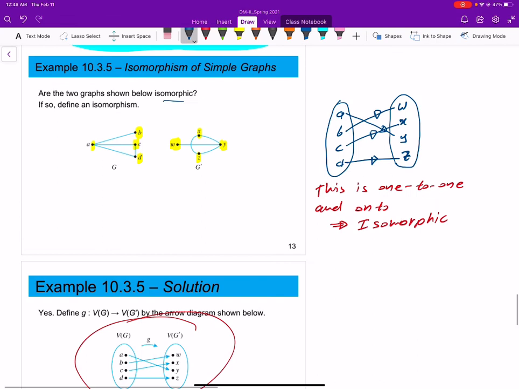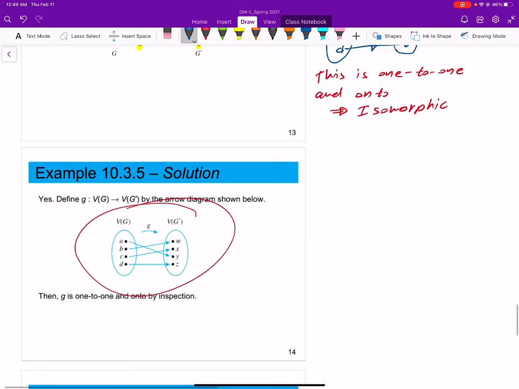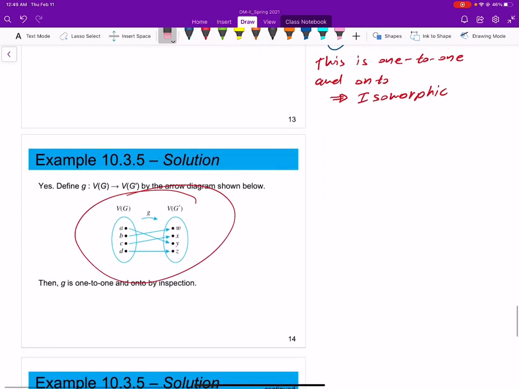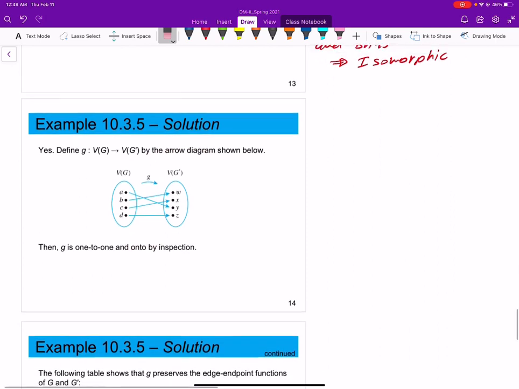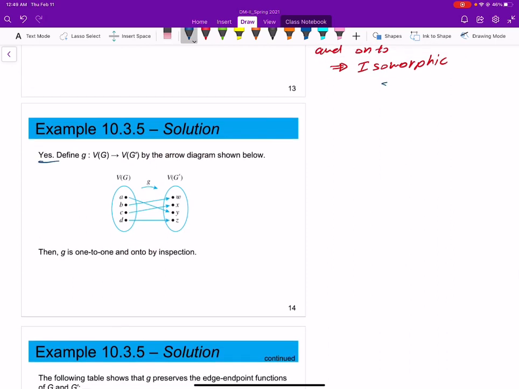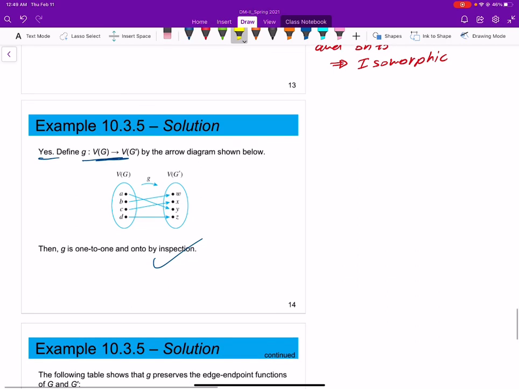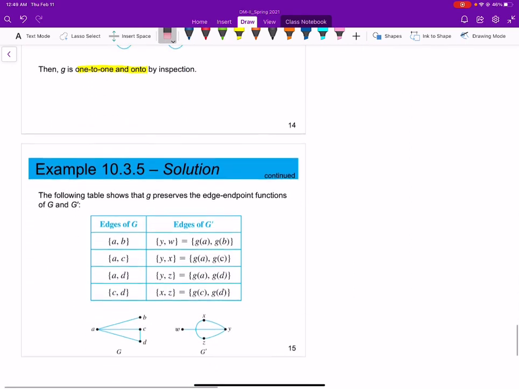Let me mark this as VG prime, and then this function is, let's say, G. Alright, so I have the function right here. The answer is yes. We have already found they are isomorphic. Then we define this function G like that, and this is the corresponding mapping, which is one to one and onto. Alright, then go to the next slide.